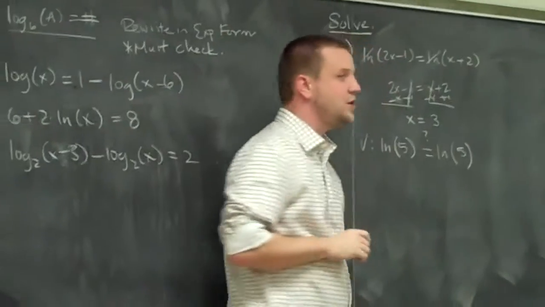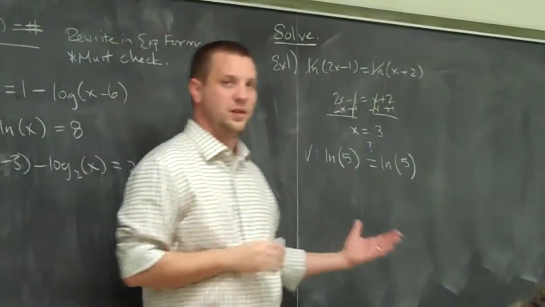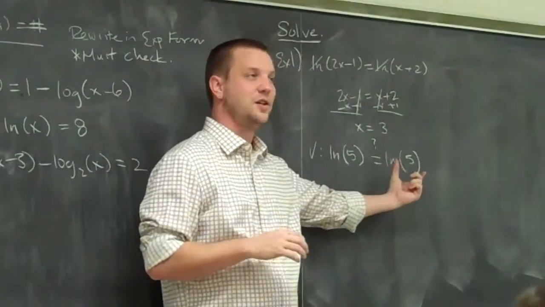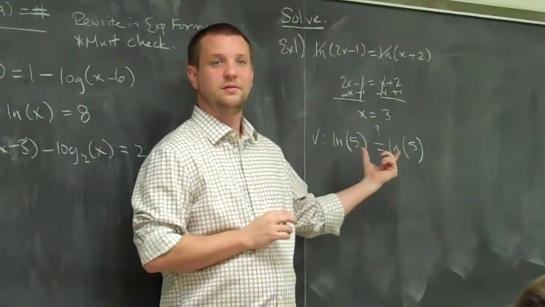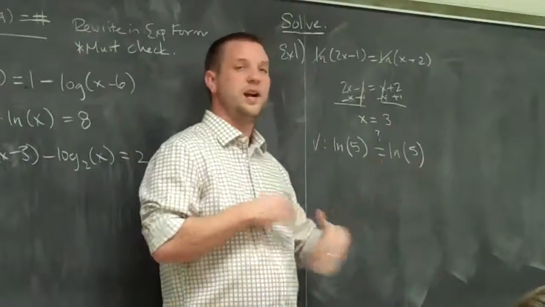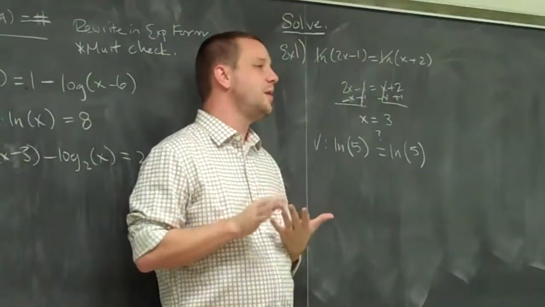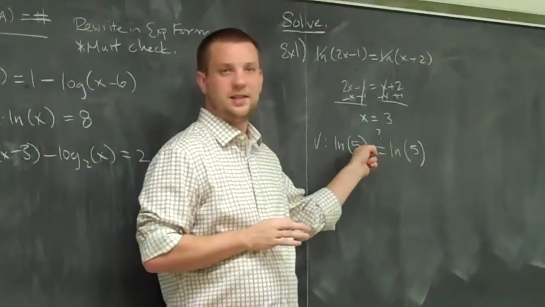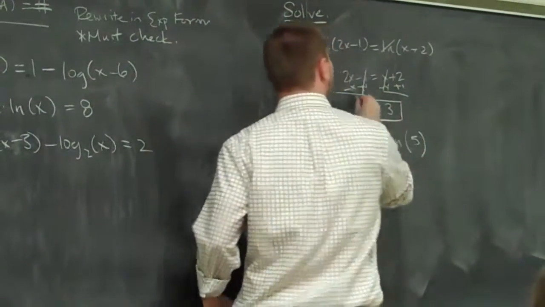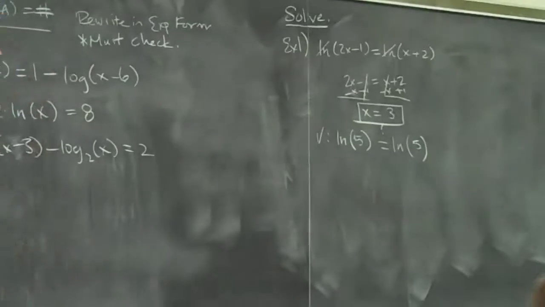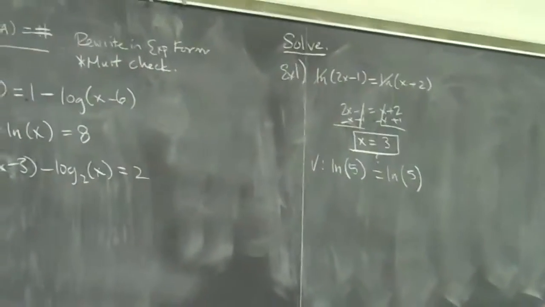I may not know what the natural log of 5 is, but do you believe that the natural log of 5 is the same thing as the natural log of 5? Am I allowed to take the natural log of 5? I can take the natural log or any log of any positive number, as long as it isn't negative and it isn't 0. So it checks out. So x equals 3 is in fact my solution. Okay? So that was the warm-up.